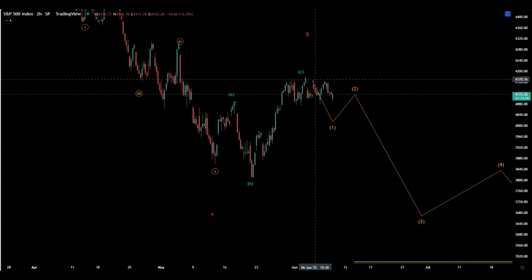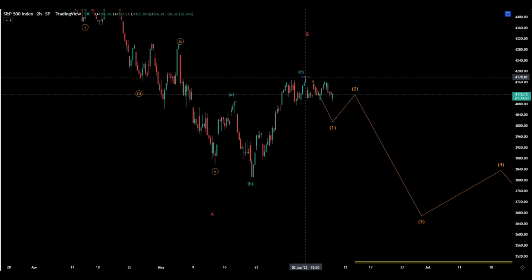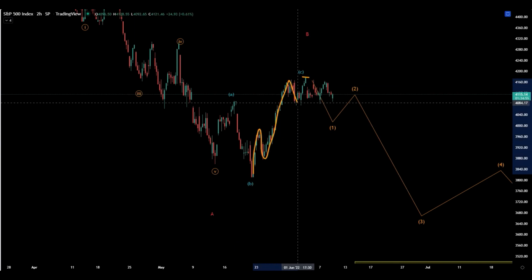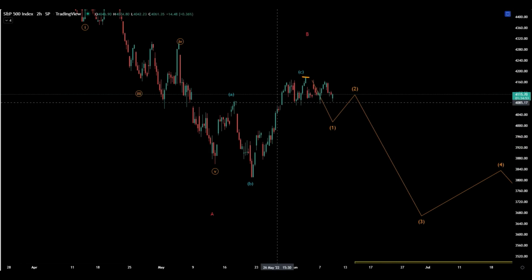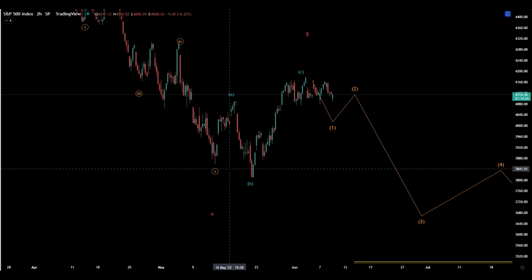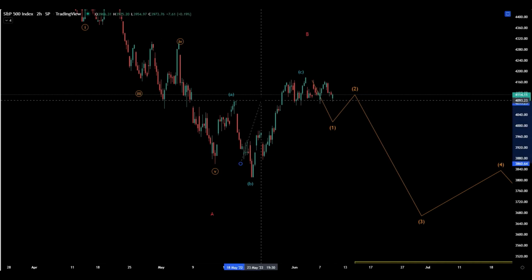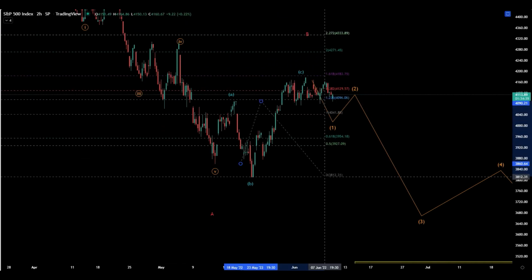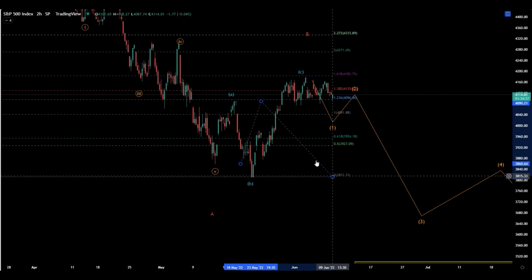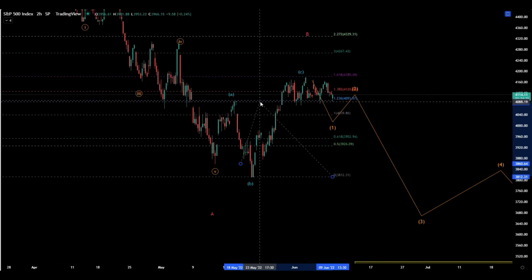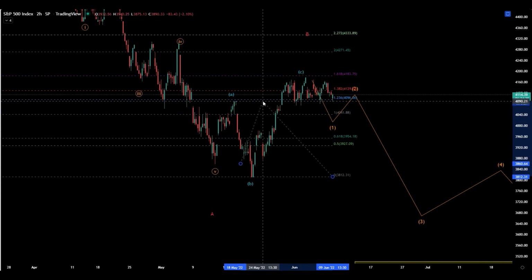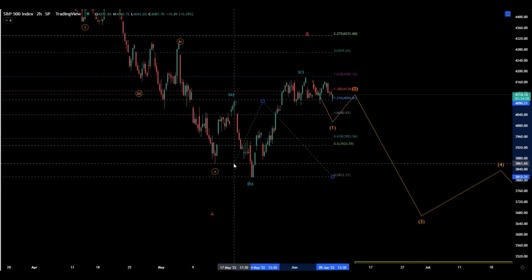Okay, and not only does it look like a nice 5-wave move here, but we have a nice Fibonacci relationship. If we take the extension from the A to the B right here, let me make sure this is lined up real good.